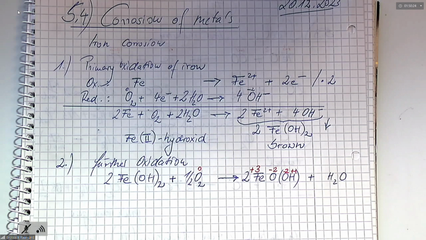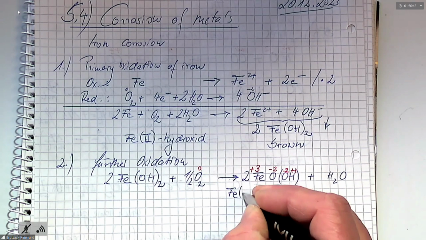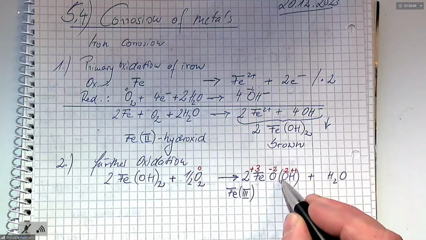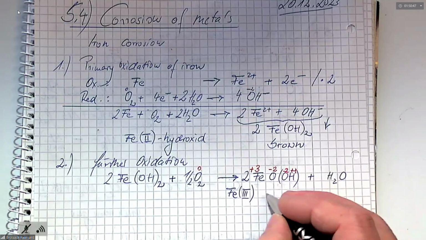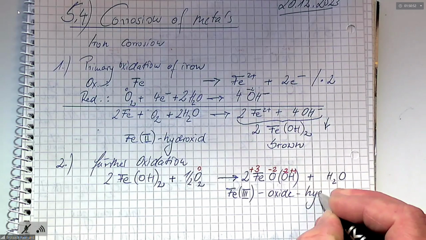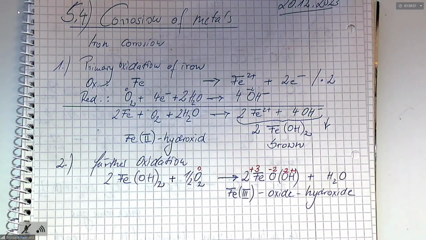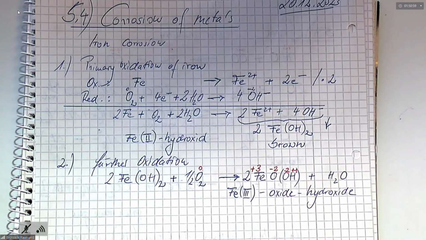Each of these iron 2 plus delivers 1 electron and forms iron 3 plus. Okay? Yes, no. And that's the iron 3 hydroxide. Iron 3, and it's an oxide hydroxide, because it's an oxide and a hydroxide.